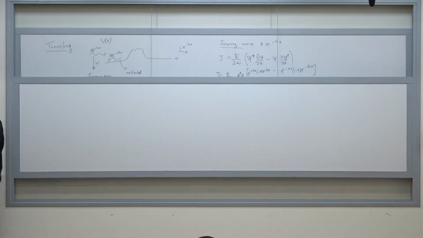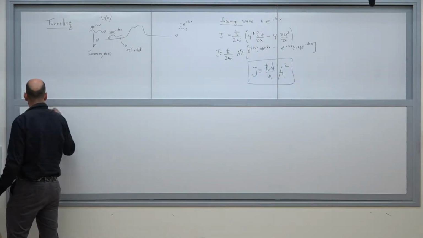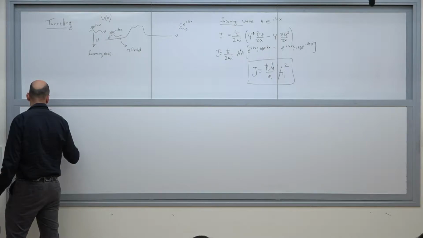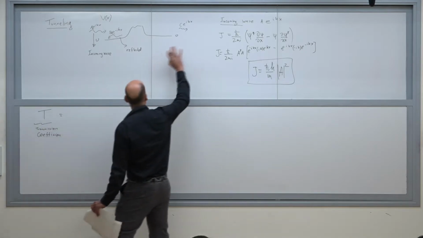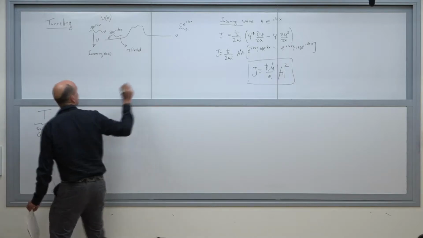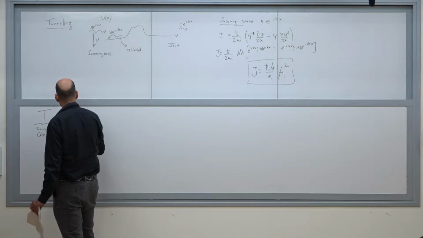define, we would like to define the transmission coefficient T. So the transmission coefficient is equal to what is coming out, J out, over J in.